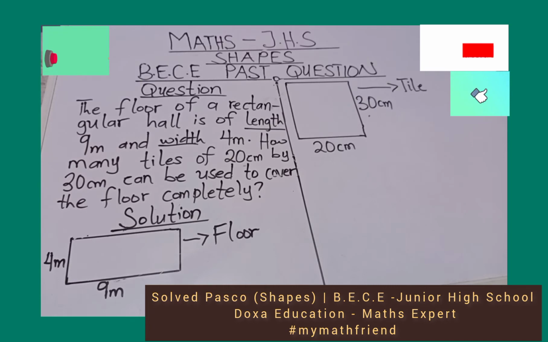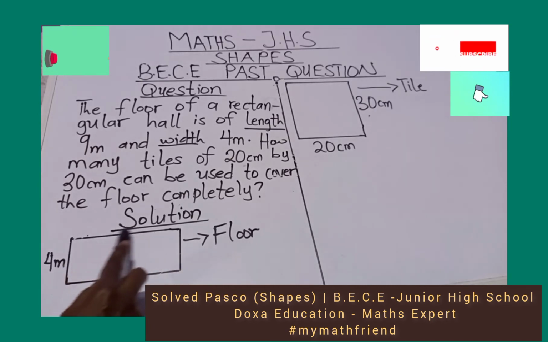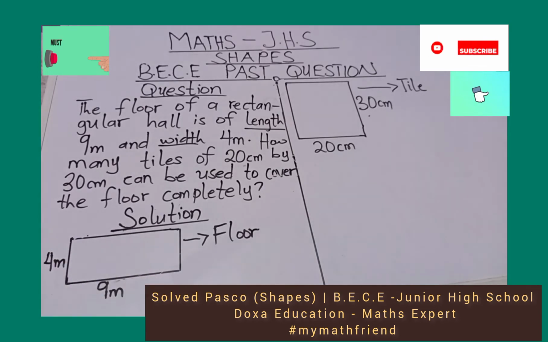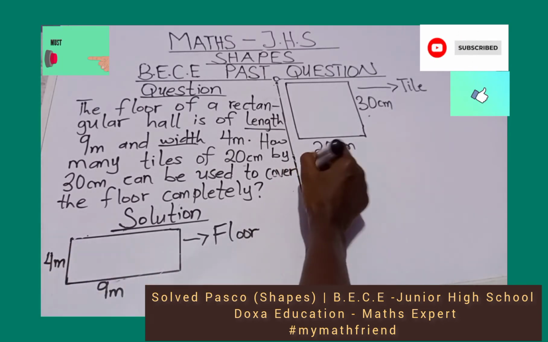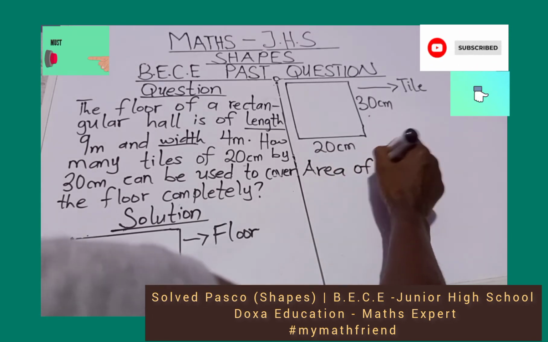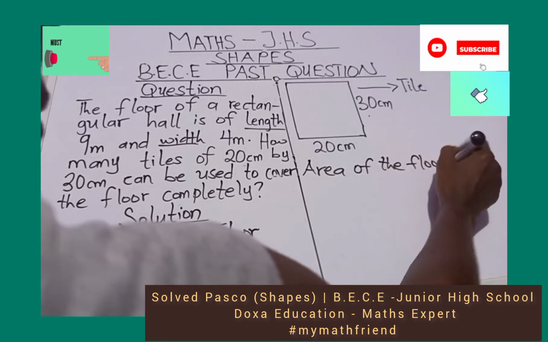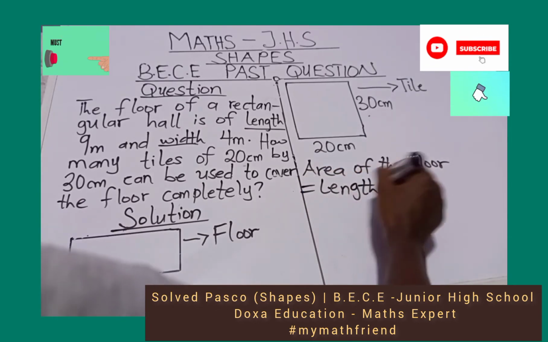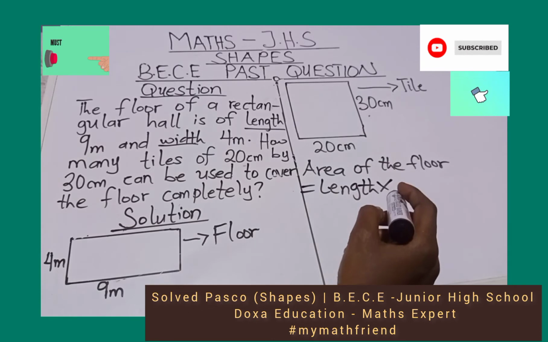Good. Now let us first calculate the area or the space that this floor covers. Very good. In that rectangular hall, the space, that's the area. Now since it's a rectangle, just write the area of the floor, that is the area of the rectangle, equals length times breadth.